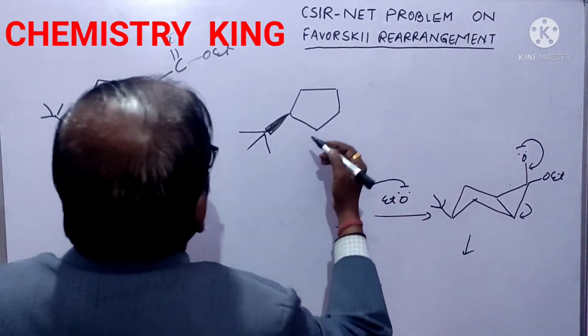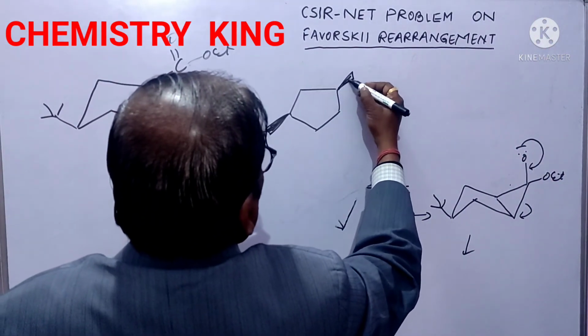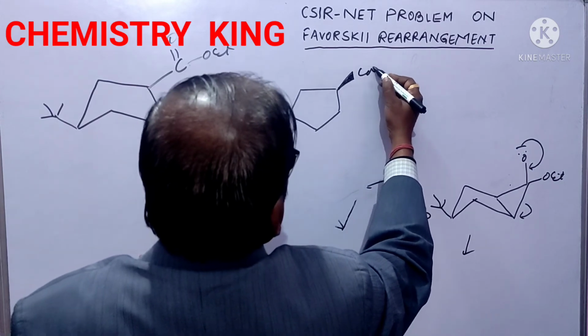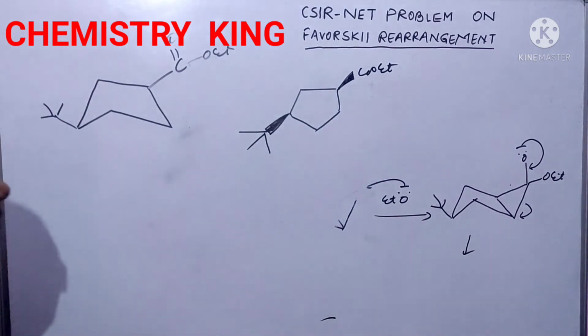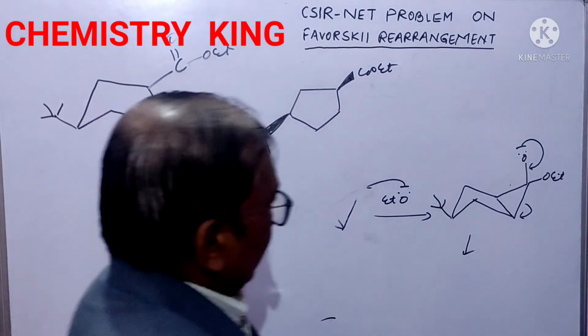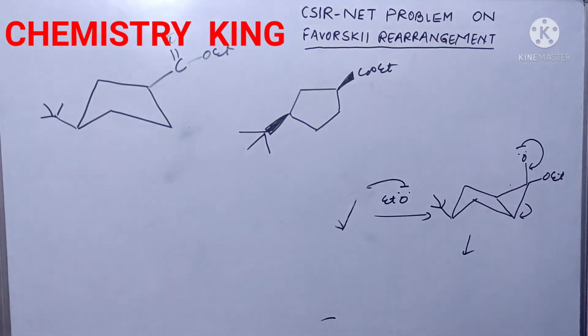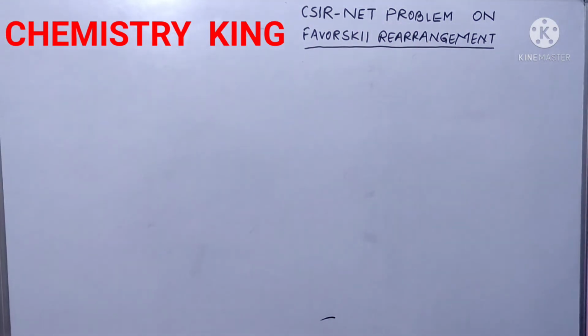The ester group is on the upside. So you should write in this pattern, C double bond OEt, meaning you are getting the cis product. Okay? It was the second problem. Now we will discuss the third one.